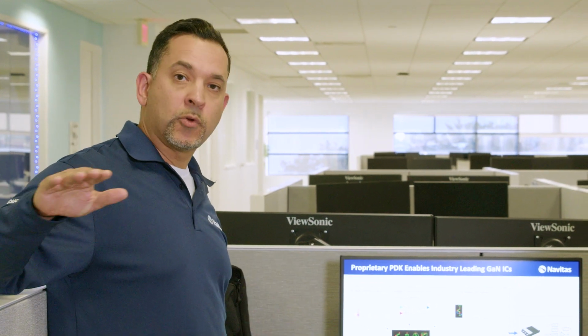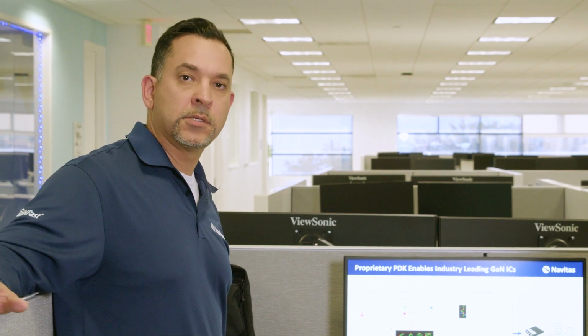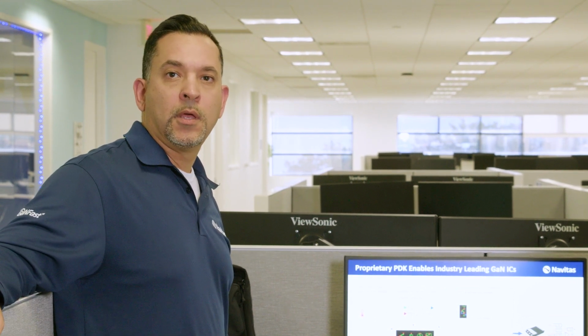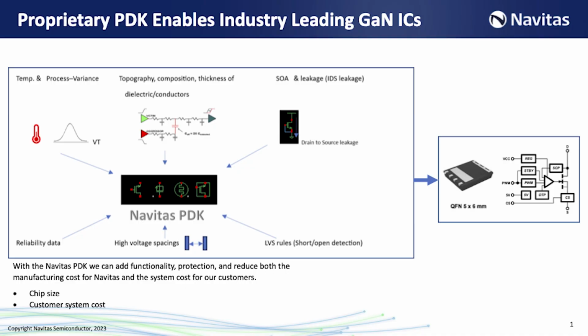We have also captured all the topography, dielectric composition and thicknesses, all of the relevant electrical parameters for the conductors. All the SOA, safe operating area checks, are embedded in the PDK along with the leakages of the devices, the drain to source leakages and all the rest of the leakages.